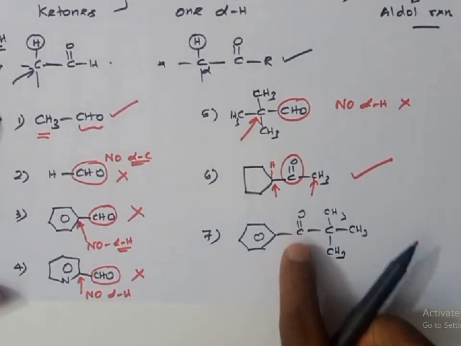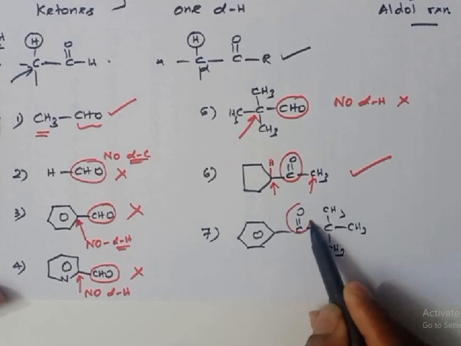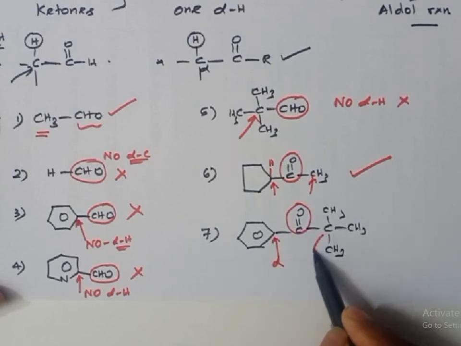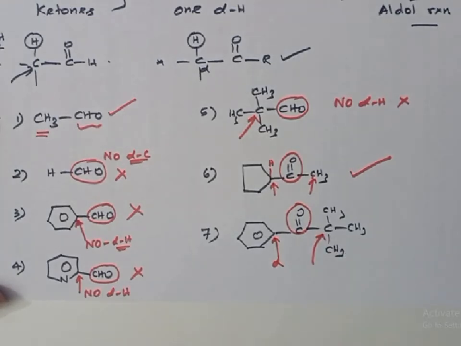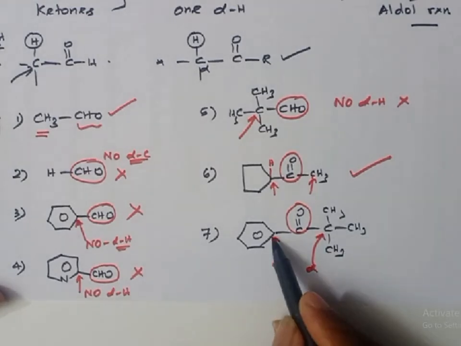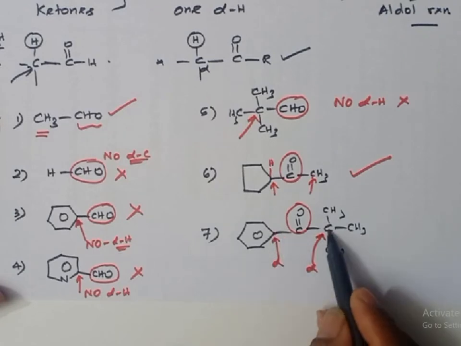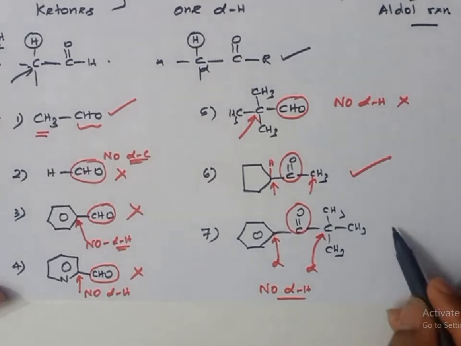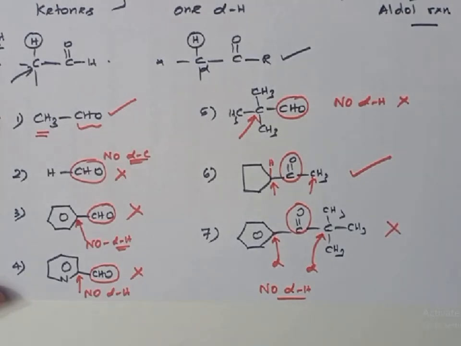See the next example. This is also a ketone. The CO group is there, and this is an alpha carbon, and this is another alpha carbon. Both are alpha, but in this alpha carbon there is no hydrogen, and in this carbon we have only 3 methyl groups, so there is no hydrogen. So in both alpha carbons, no alpha hydrogen is there. Therefore, this compound does not undergo Aldol reaction.